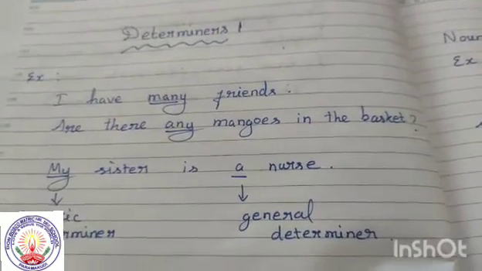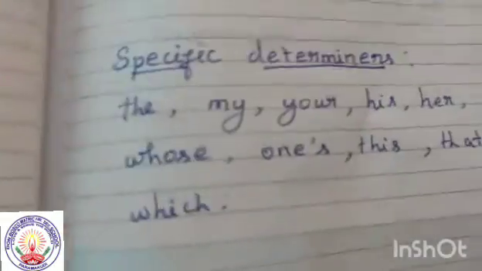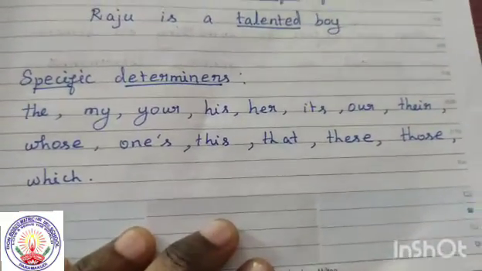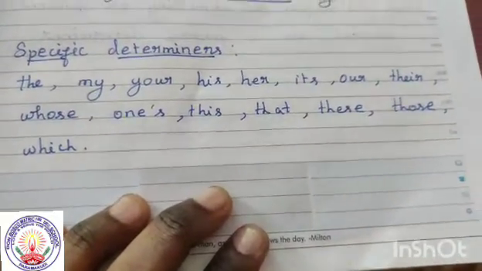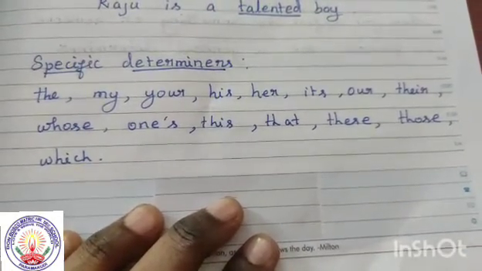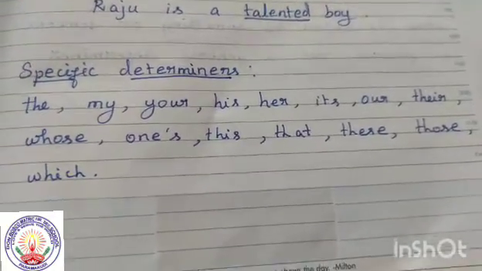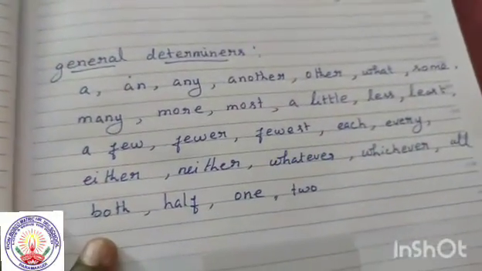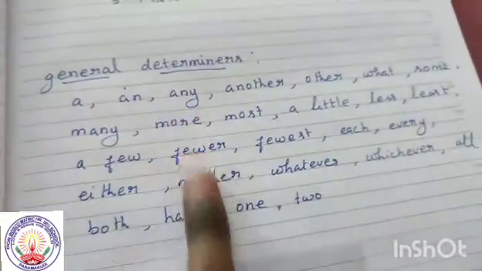Okay, here I have given you some specific determiners. Here these are the specific determiners: the, my, your, his, her, its, our, their, whose, one's, this, that, these, those, which. So these are the specific determiners. So when you refer to something or someone in general, use the general determiners.